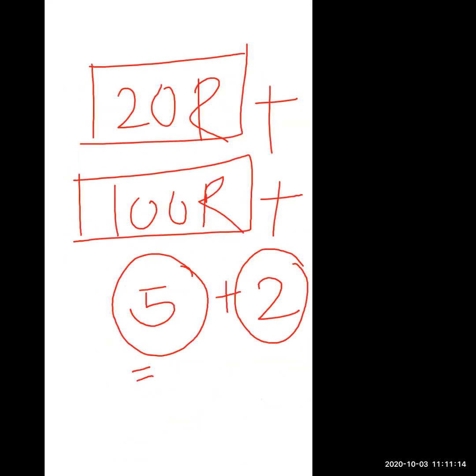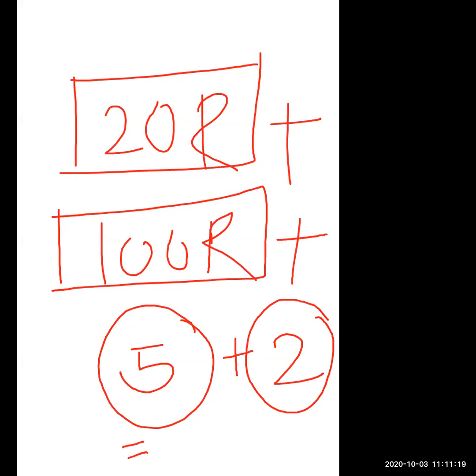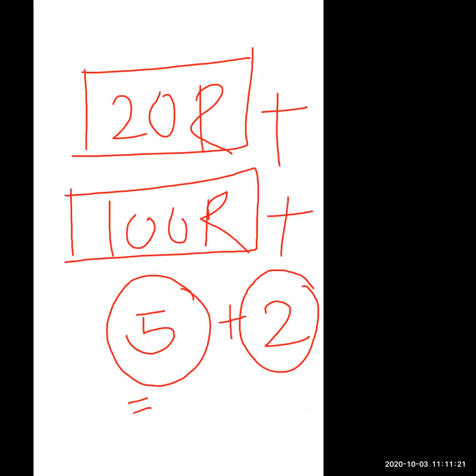Now look here. 100 plus, simple addition is there. 100 plus 20, 120. 120 plus 5, 125. 125 plus 2, 127. Okay. Clear how to add these numbers?